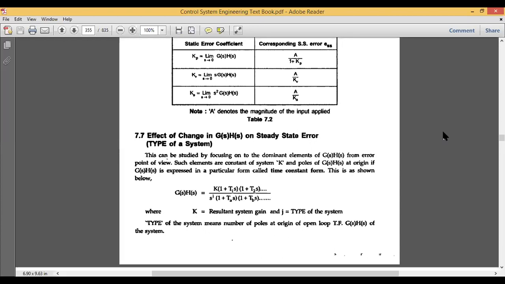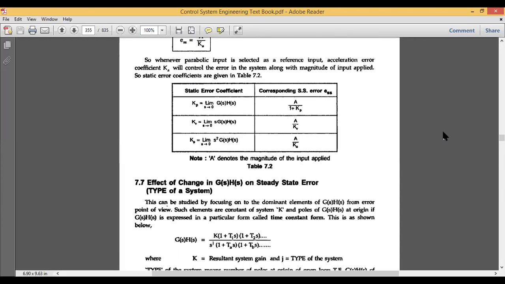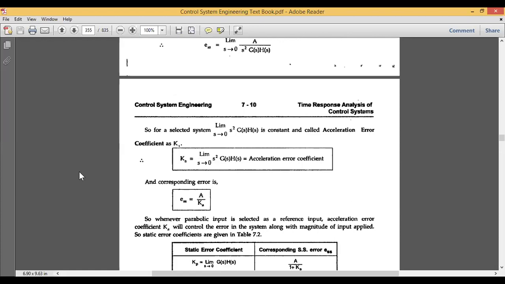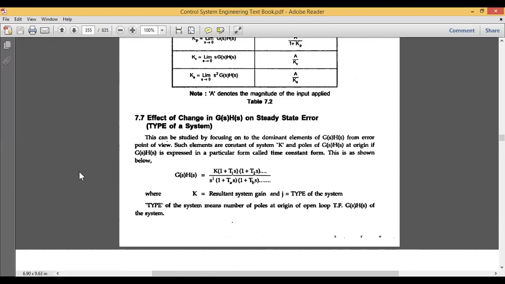So if you take a standard formula for this particular steady state error, this is my numerator and the denominator. The denominator represents my poles. So if these poles, that is of G of S and H of S, are taken at the origin point, then that can be formed as a time constant.